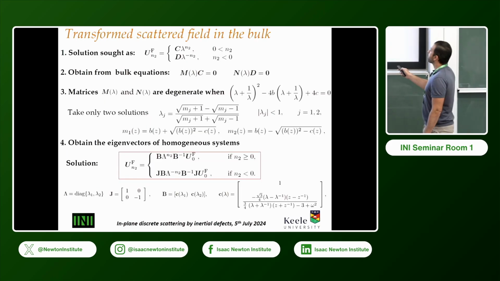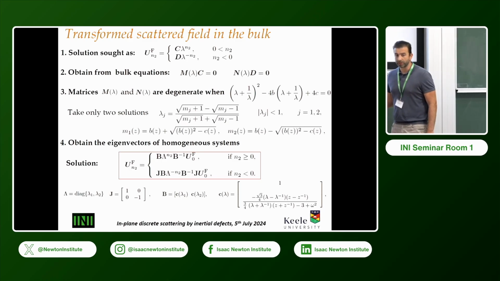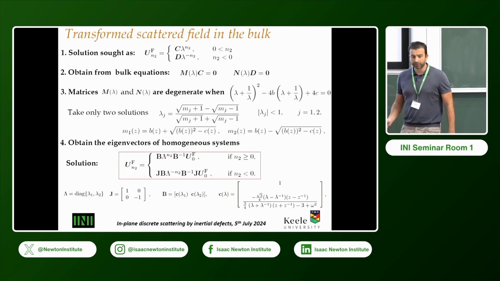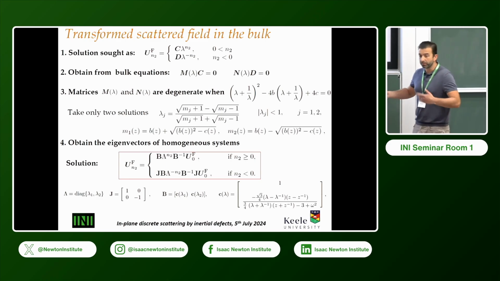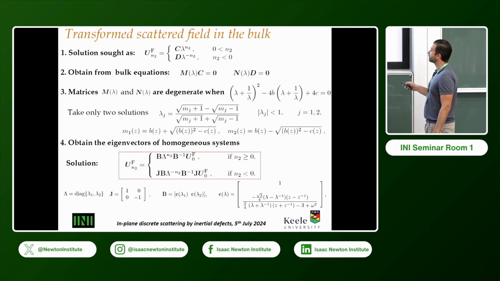So, how to solve these? Well, equations in the bulk. You look for your solutions in this form. C and D are vector amplitudes we have to find from another homogeneous system, written like this. Lots of details suppressed. But these systems, you have these matrices as degenerate when lambda here satisfies this condition.